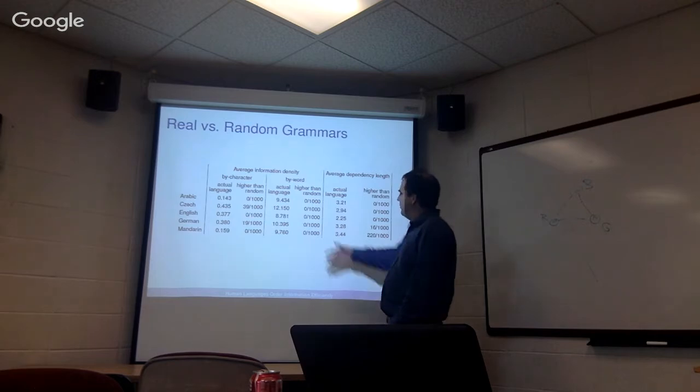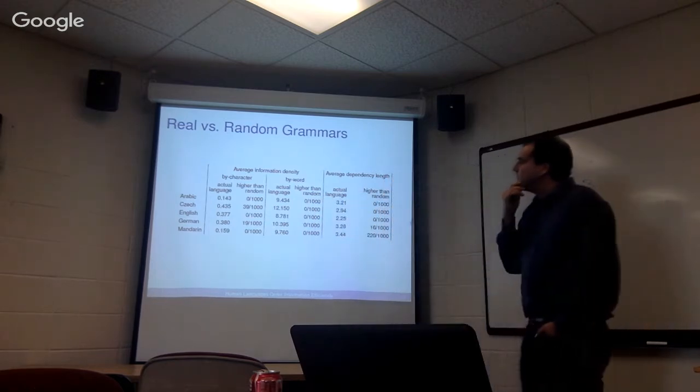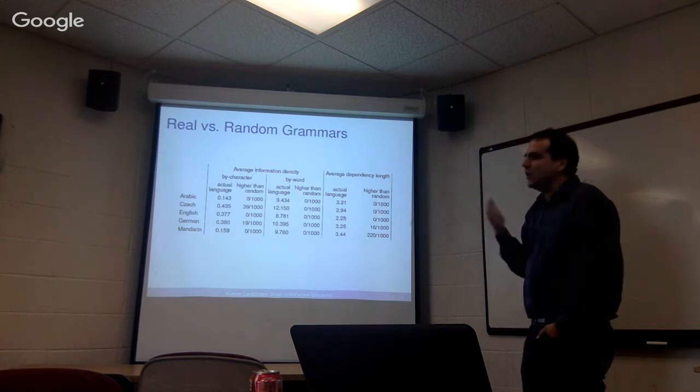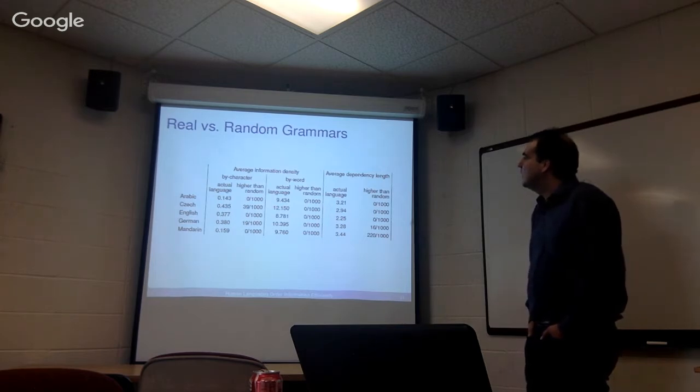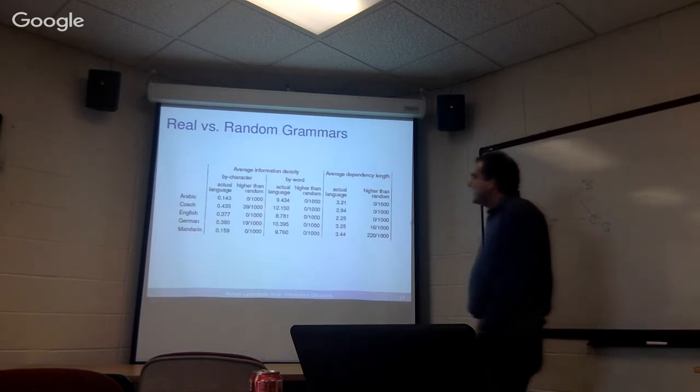And basically never. Okay, so these are p-values. These are how often would we expect this to happen by chance, randomly generated 1,000 grammars. How often would they match the real grammar in terms of these different measures? And so most of the numbers are 0.